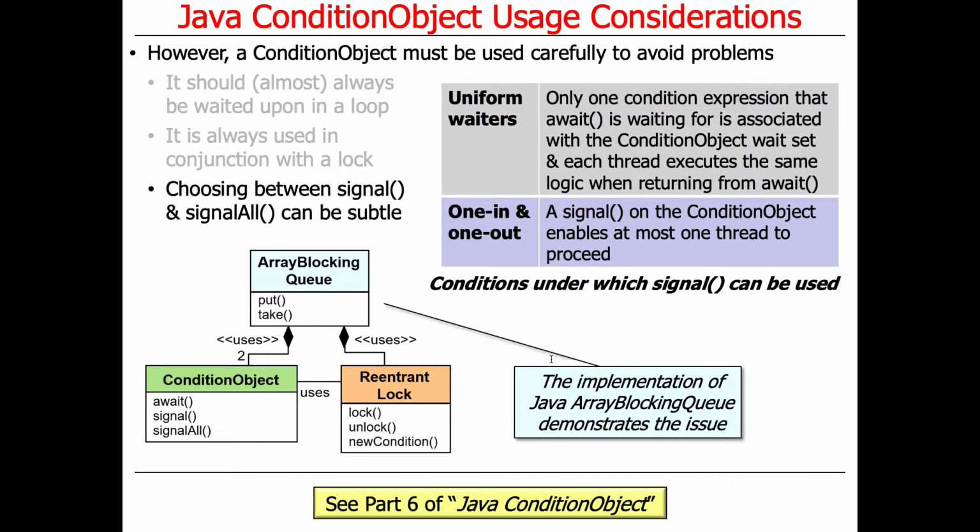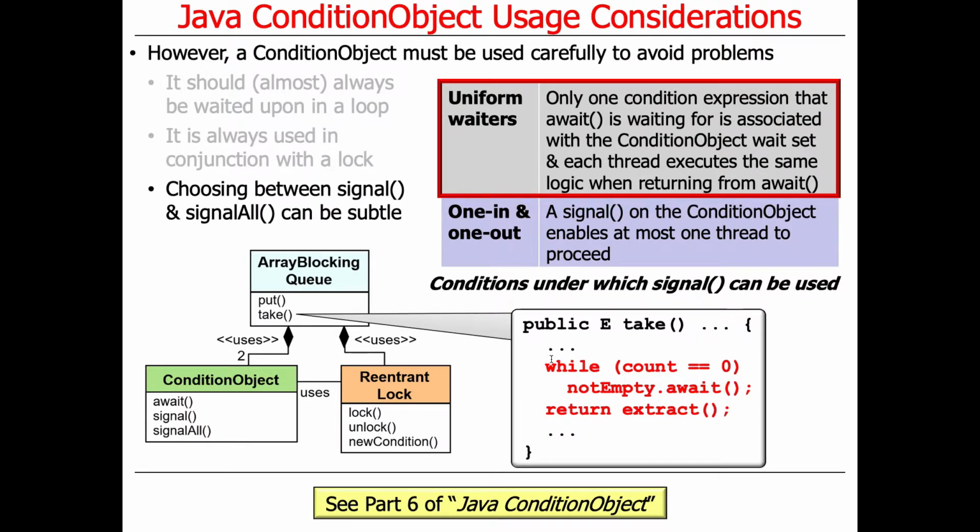So here's a way to think about this, and we'll talk about it in the context of our array blocking queue. So here are the conditions under which signal can be used. As you can see here, we're going to have 2 conditions, uniform waiters and one in, one out.